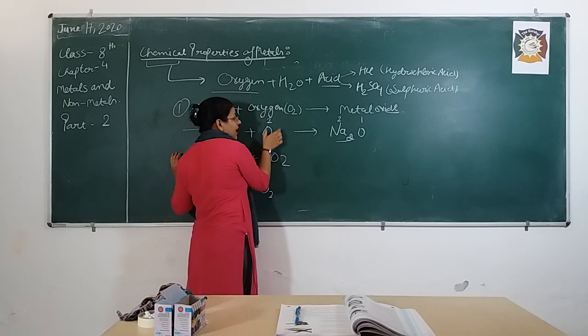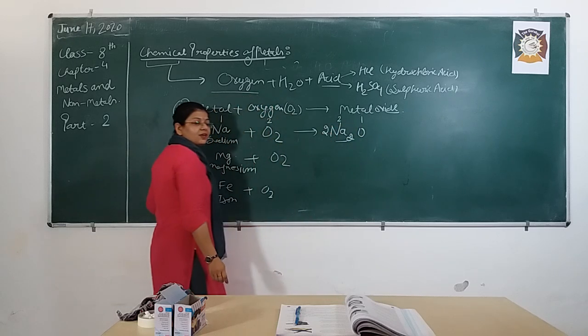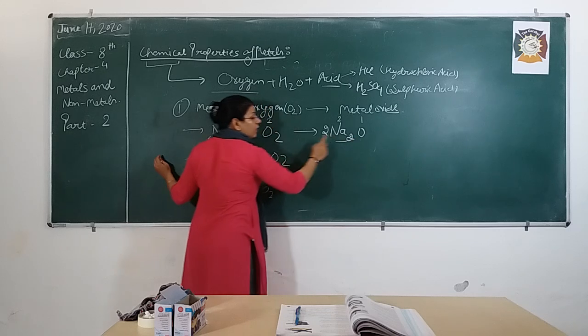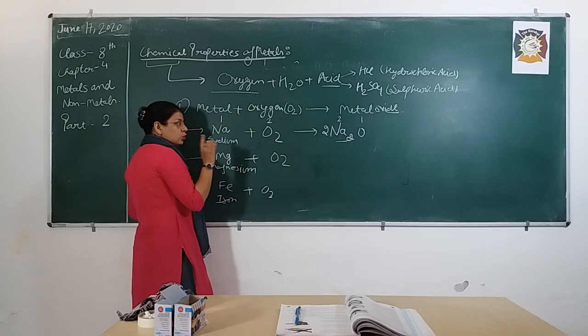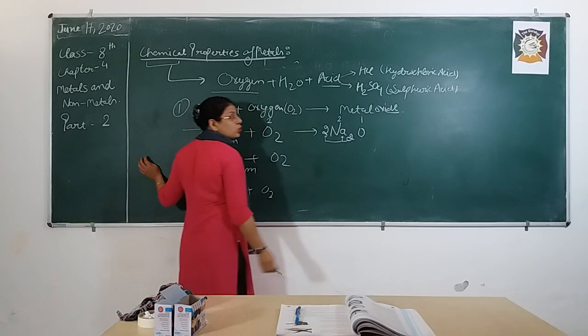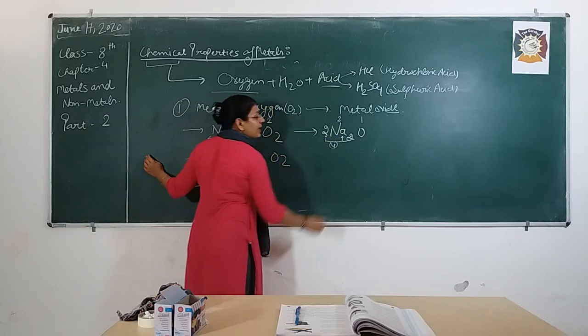Okay. So if I have to make oxygen 2, that means I have to multiply this oxygen with 2. Now here we have 2 of O2 and here also the number of oxygen is 2. So oxygen is balanced. But on multiplying this 2, the sodium has become 4 in number.